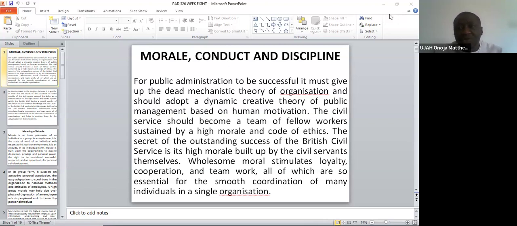Remember, we said that owing to the complexity of modern day society, there has been a shift from the traditional and legalistic study of public administration, where human beings were treated as machines within the system and the emphasis was on productivity alone.